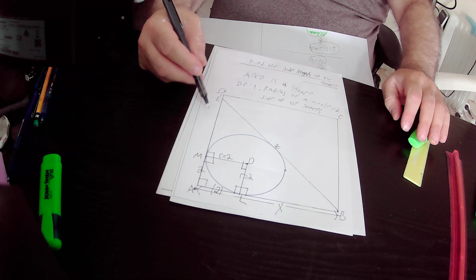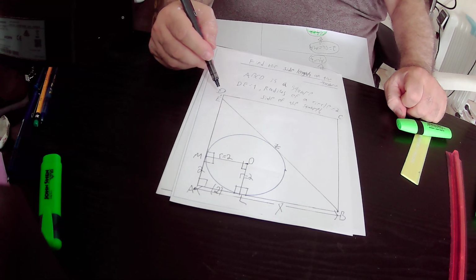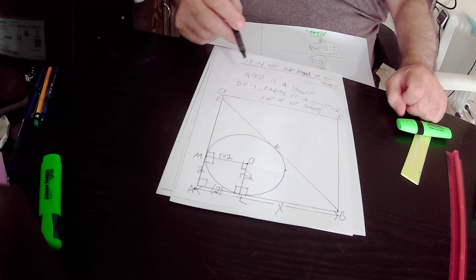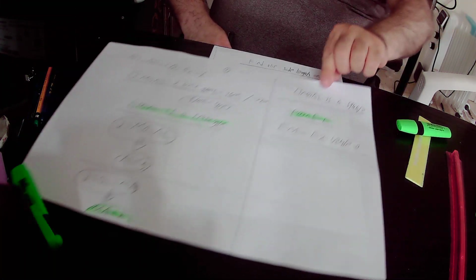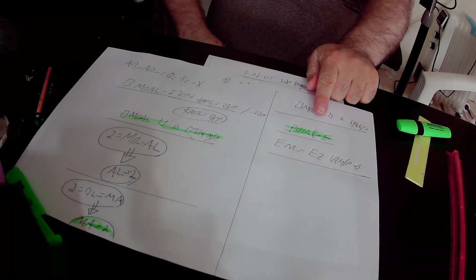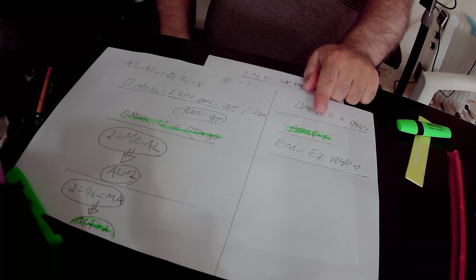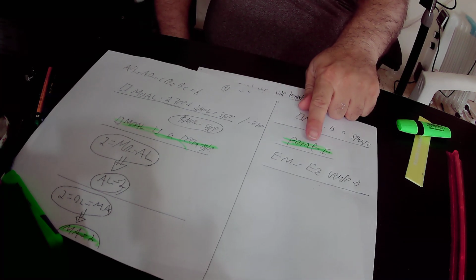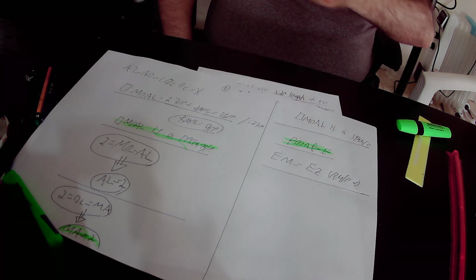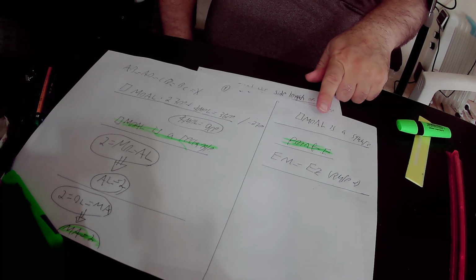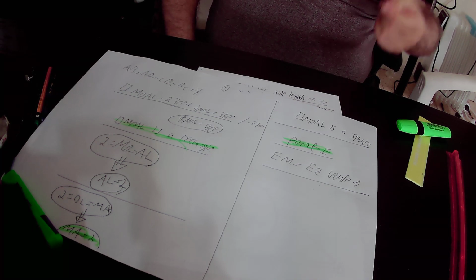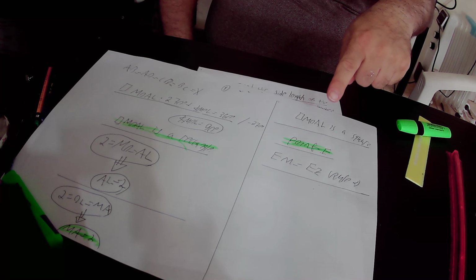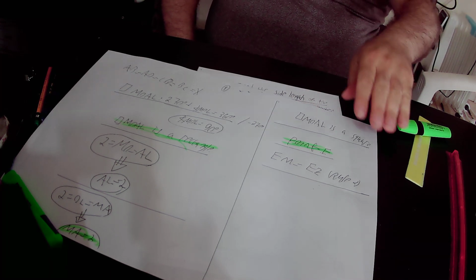The first tangent is EM, and the second tangent is EZ. According to rule number 2, EM must be equal to EZ. Why? Because both tangents exit from the same point E to that circle, therefore their lengths must be equal to each other.